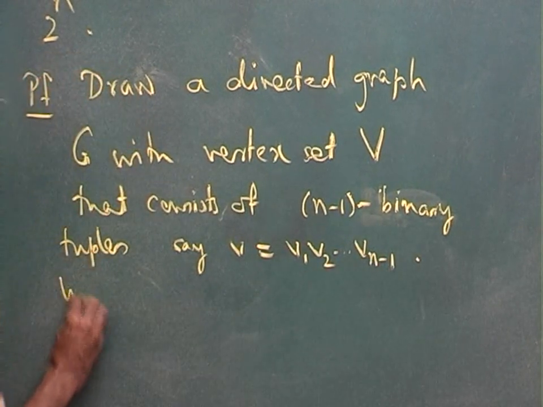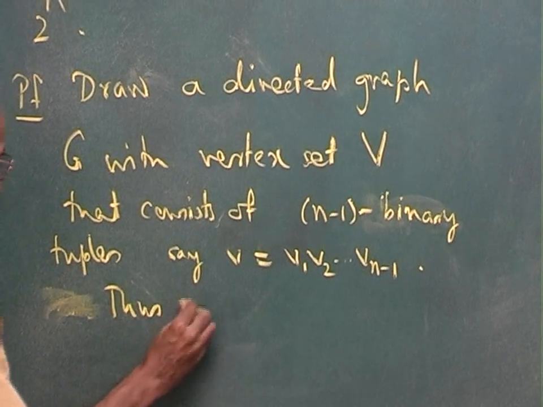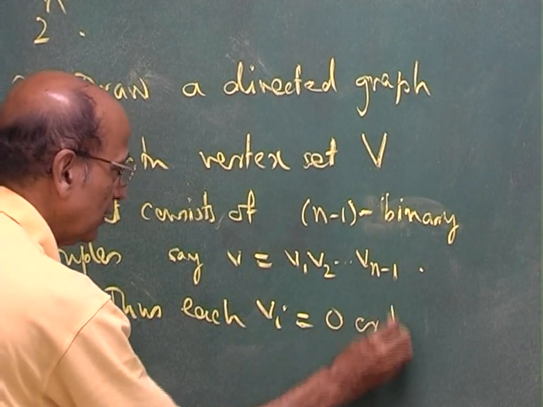We draw, thus each vi is equal to 0 or 1.